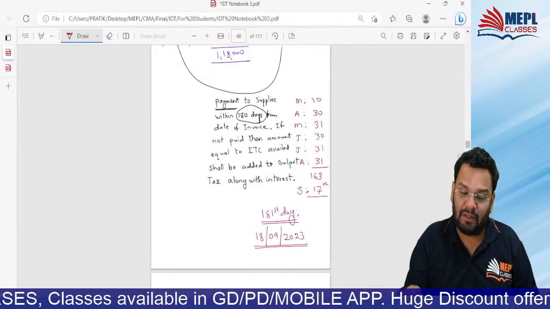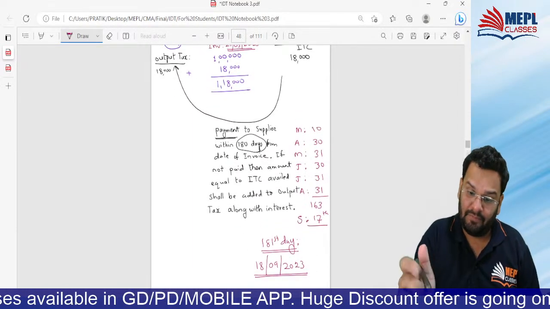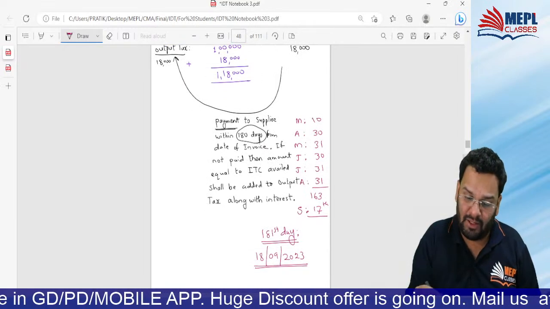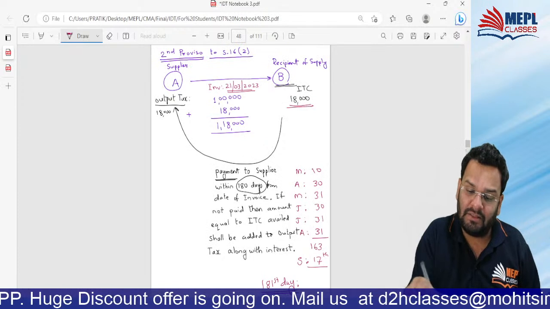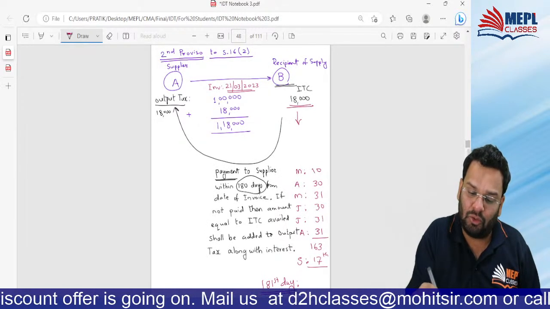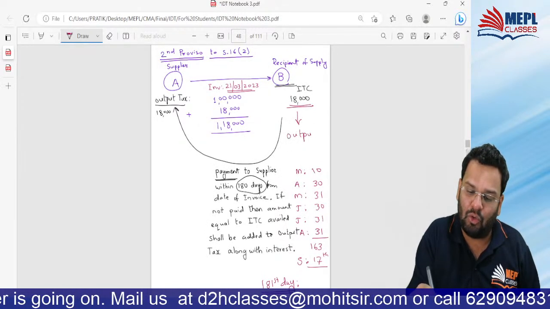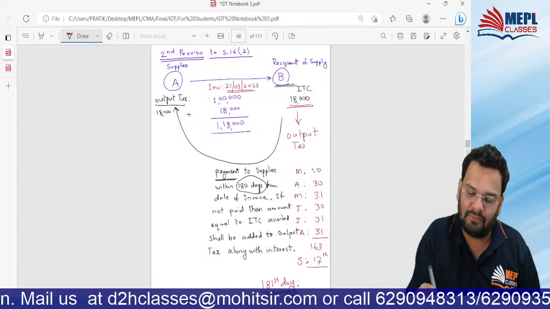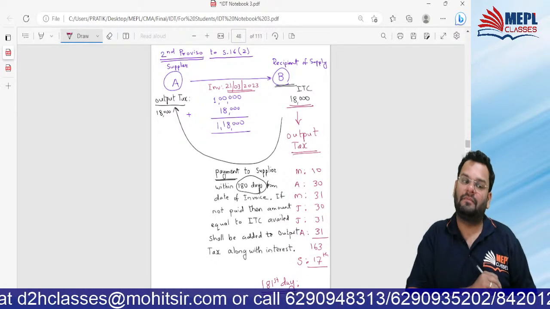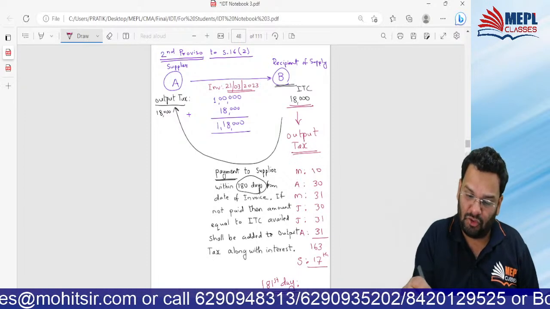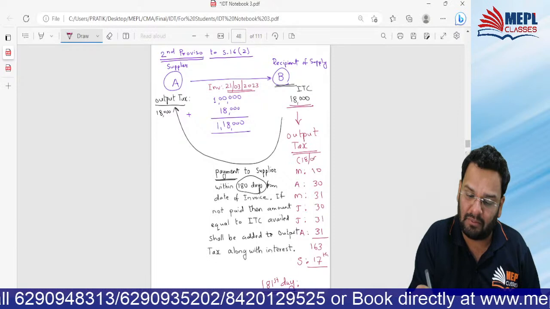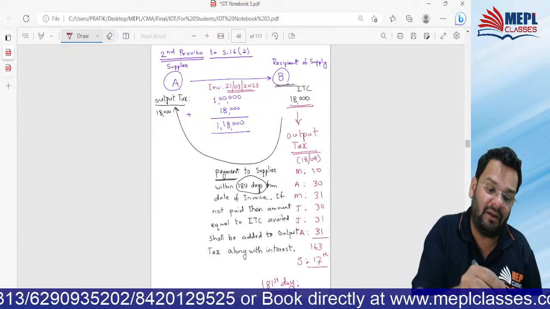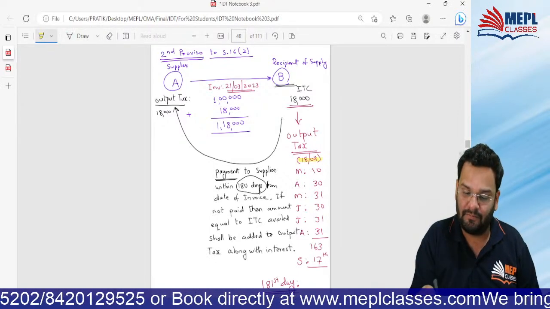So on 18th September 2023, what should happen? This amount should become output tax. Agreed? It should be added to output tax. On what date? On 18th September. If it remains unpaid, then this is the consequence.